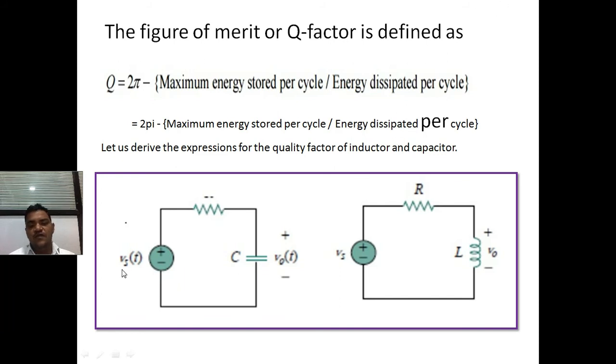For the first circuit, a supply voltage Vs is applied across the capacitor, and the voltage drop across the capacitor is V0(t), to find the figure of merit or quality factor for the capacitor. Instead of the capacitor, we replace this component by the inductor, and the supply voltage Vs is applied across it to find the figure of merit.